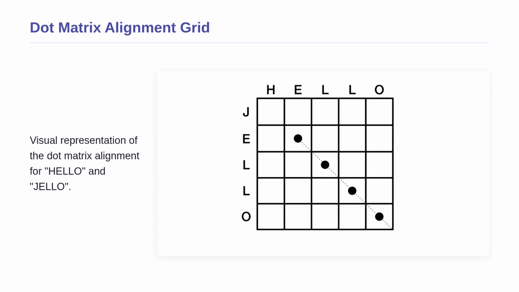Here is exactly what that completed grid looks like. Notice the letters H, E, L, L, O across the top axis and J, E, L, L, O down the vertical axis. Look at the first row and the first column. They're completely empty, which immediately tells us there is a mismatch between the starting letters H and J. But look at the rest of the grid.